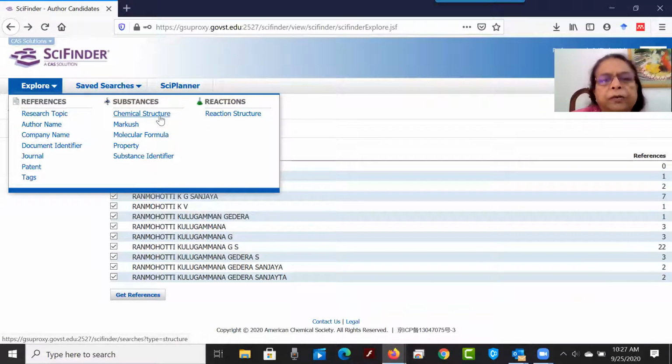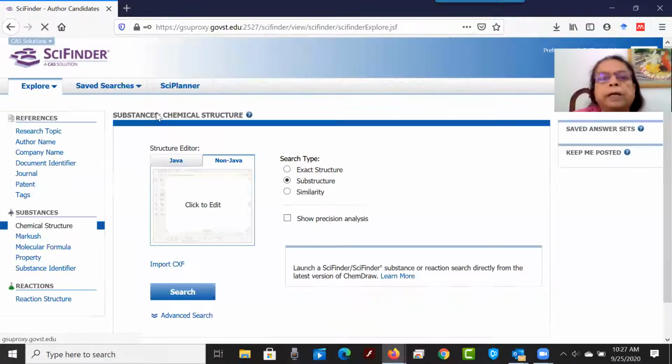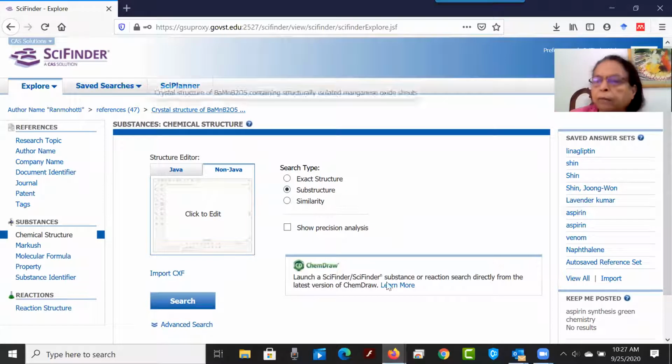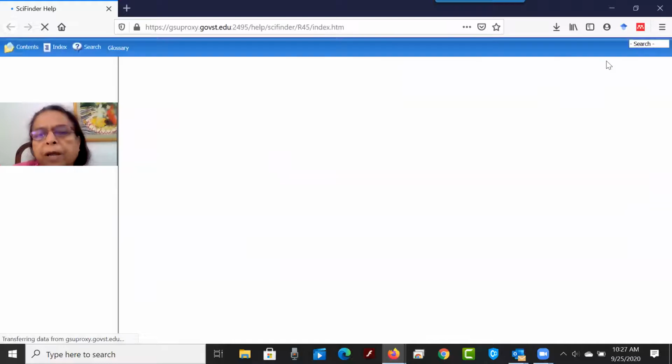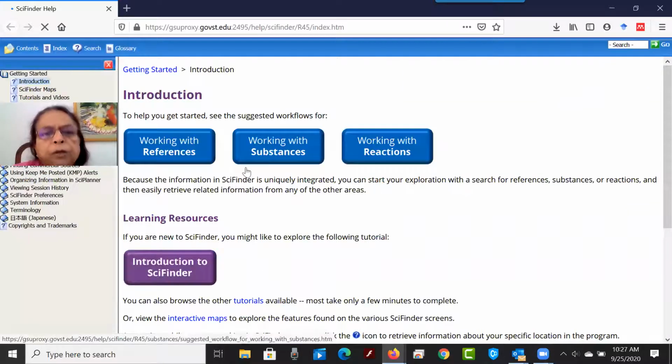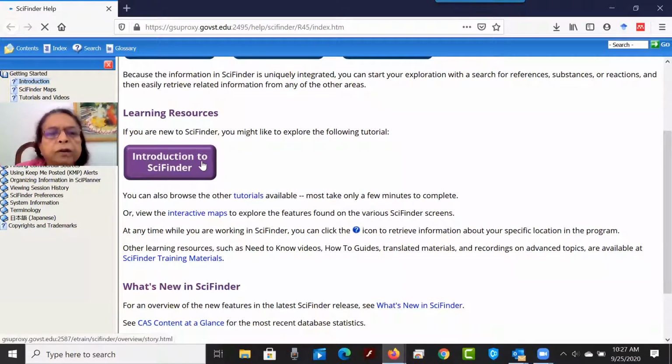Chemical structure. This is one of the most important things you're going to be learning how to do in this course. I'm not going to go into detail here. I want you to do something which is go to SciFinder help. Look at it, okay? Again, it might ask you to log in. Once you do that, these are the sources you can use.